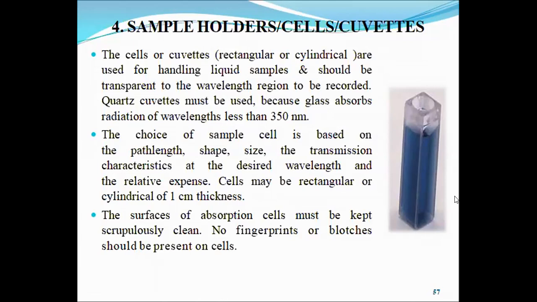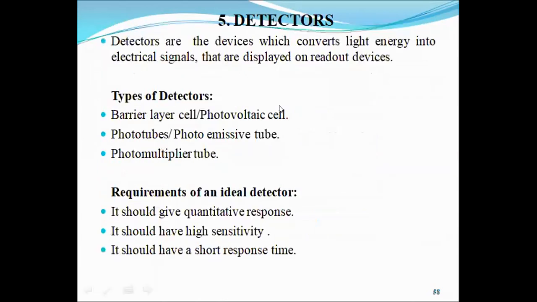Next is detectors. We have to see the various types of detectors which are being used, because the detectors play a very important role. The radiations which are let to fall upon the sample, the sample tends to absorb some of the incident radiation, and a few of it gets transmitted out.